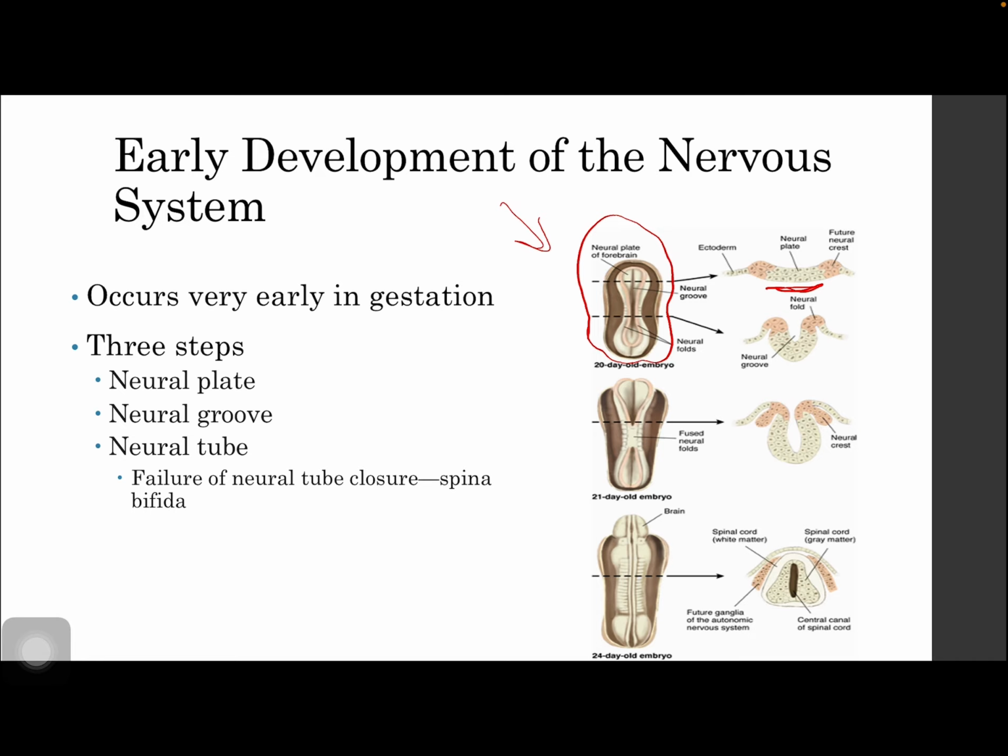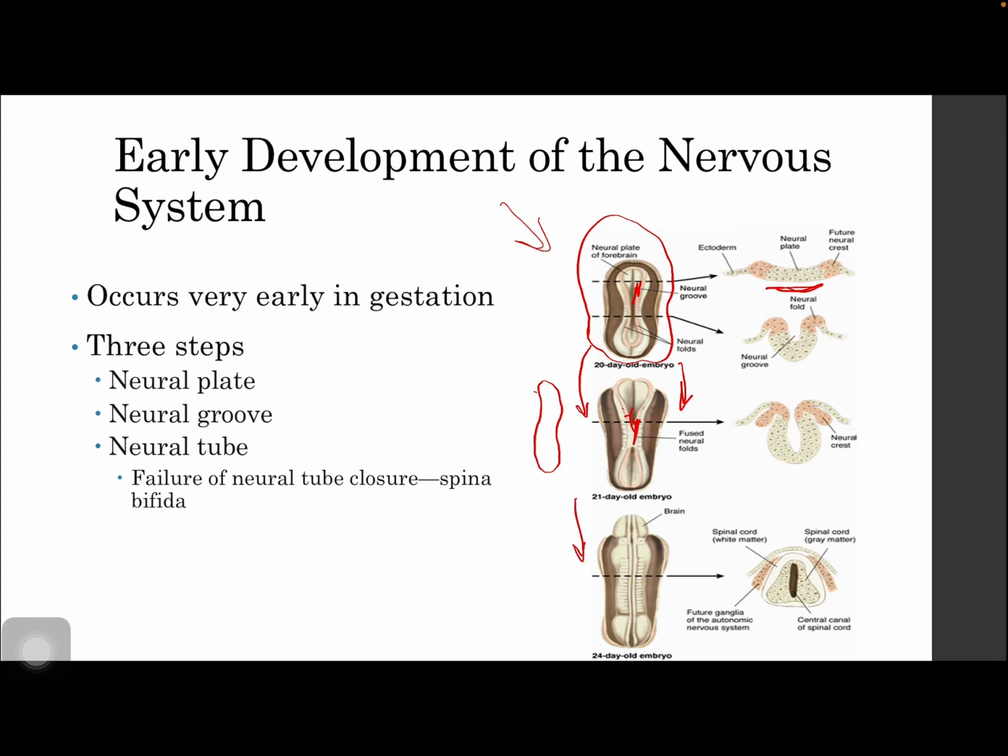And as the cells start to build, they start to come up into a groove, and that groove looks kind of like this as it starts to form. Here you can see this is the next step. And then as it moves day by day, this is a 21-day-old embryo. It starts to move from this plate to a fold to a groove as it starts to fold in on itself.